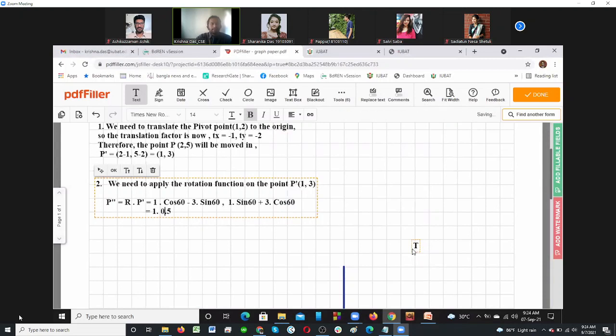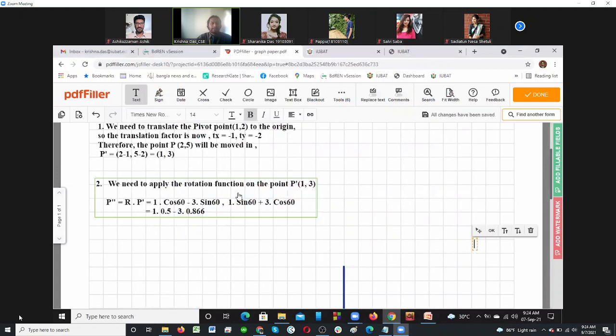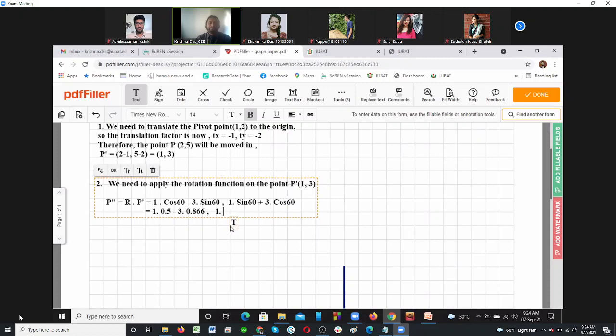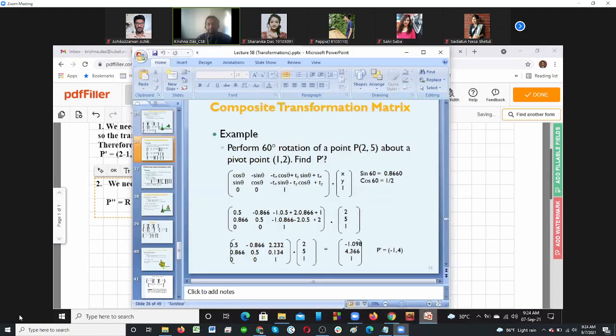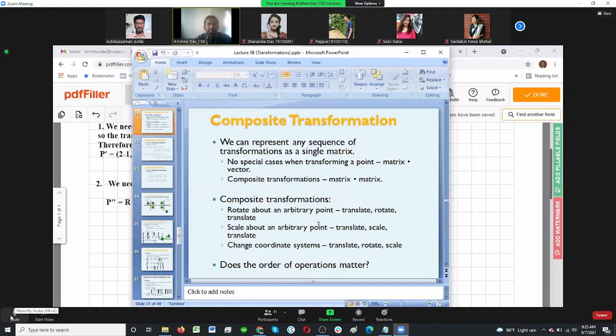So this is 1 into 0.5, minus 3 into that value, 0.866. Okay, this is for the x coordinate, and for the y coordinate we get 1 into sine 60, which is 0.866.